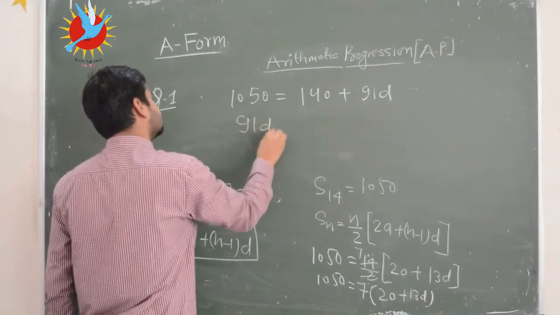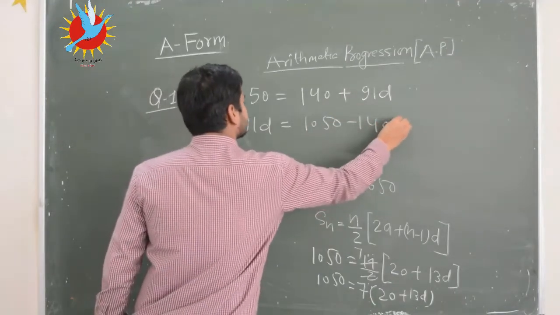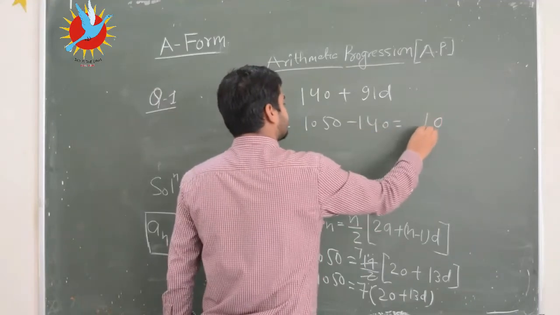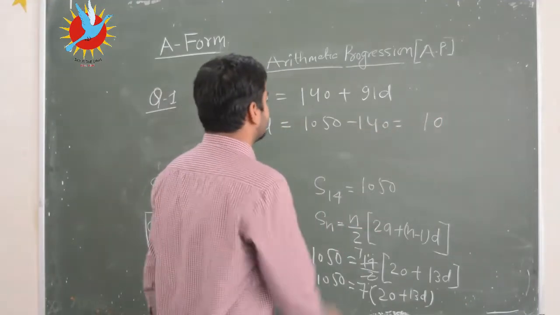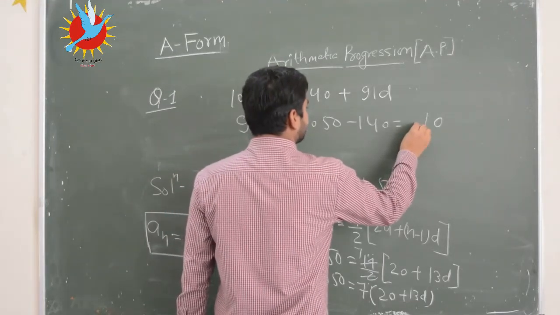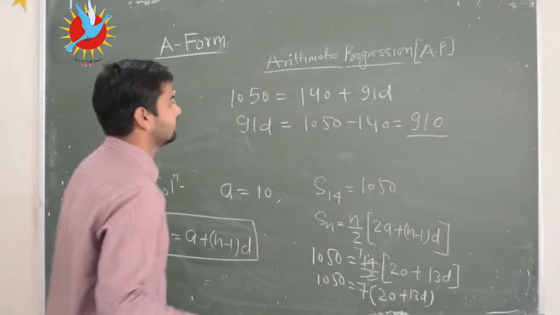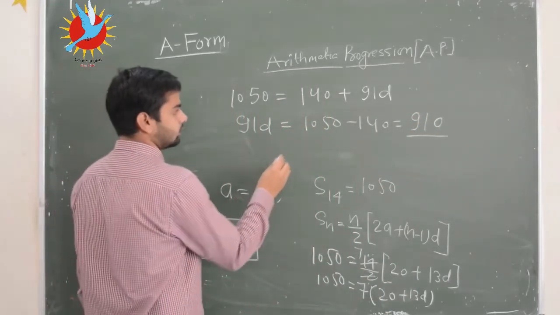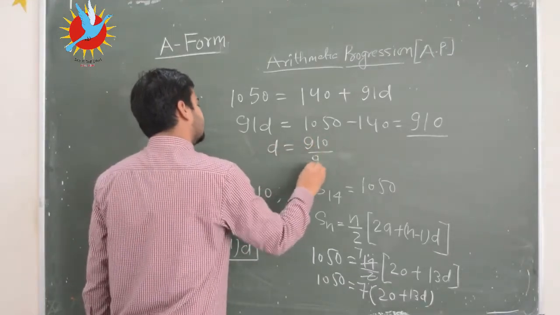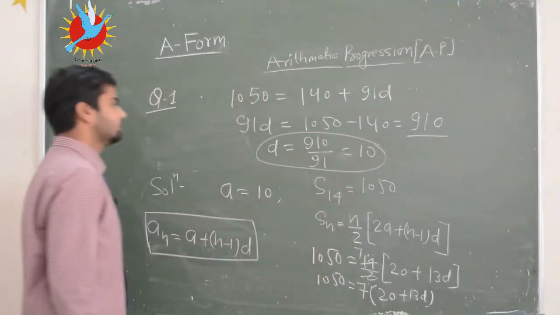So 91d equal to 1050 minus 140, so it will be 910. So the value of d will be 910 divided by 91, that is 10. So we got the value of d equal to 10.